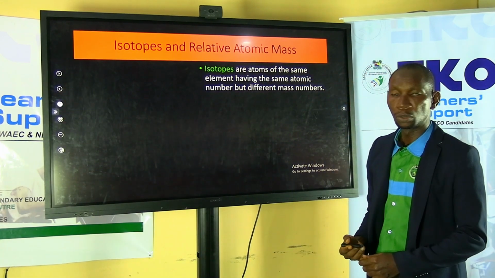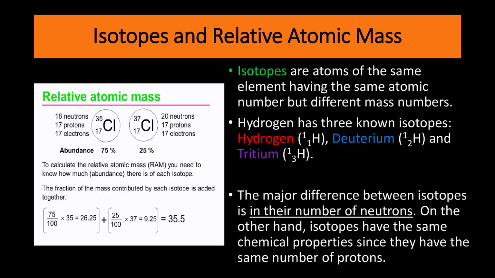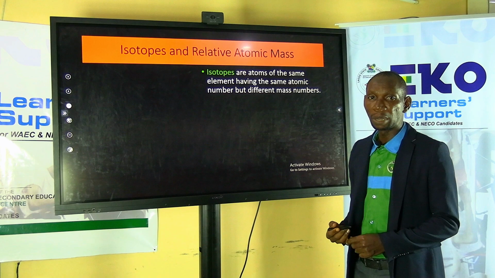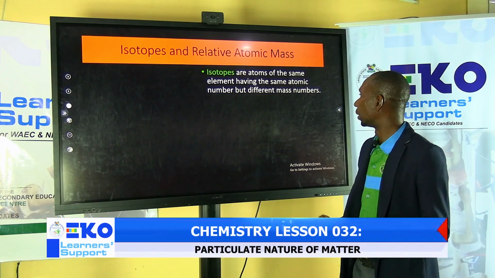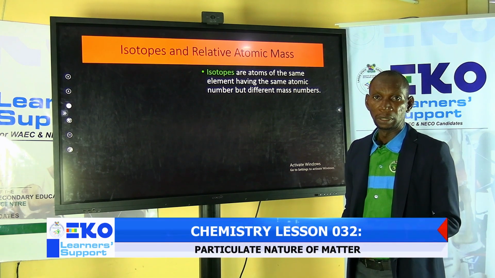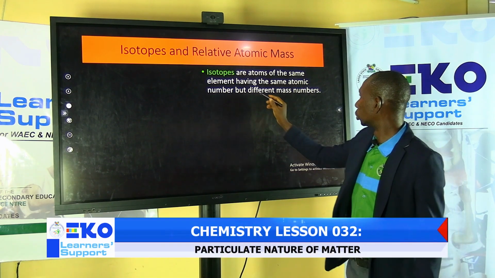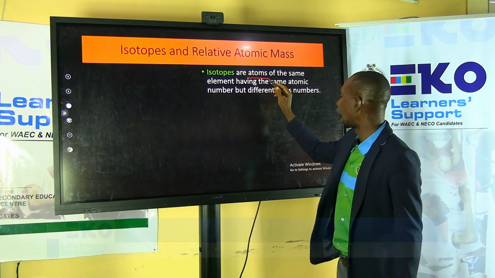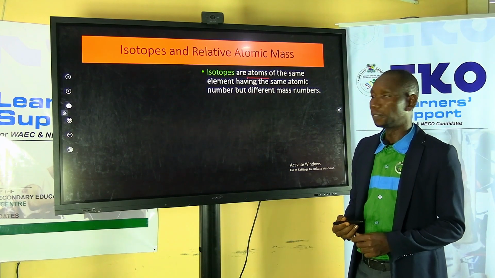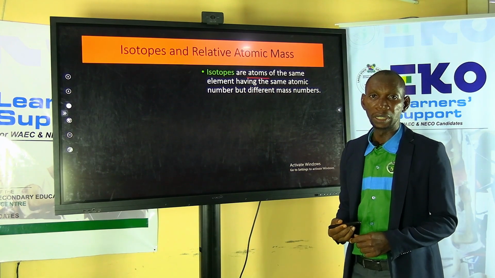Now, isotopes. Isotopes are atoms of the same element that have the same atomic number but different mass number. Please, it is important for you to know that isotopes are atoms. That is the first thing you must add in your definition.